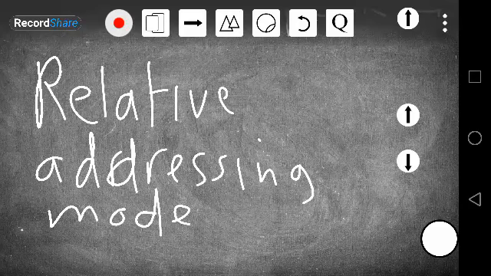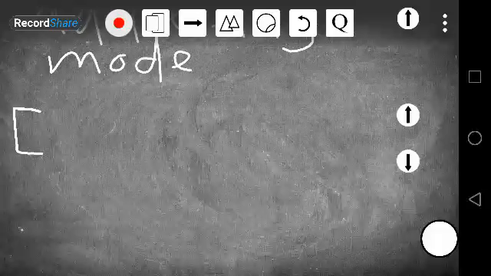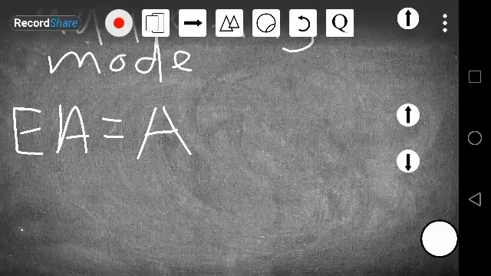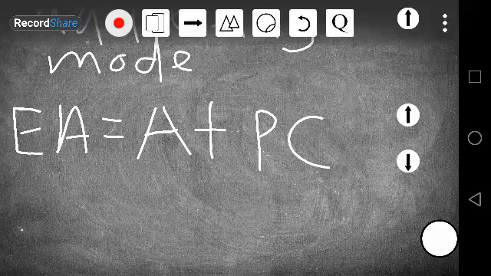This is what happens with this one. So the effective address, the address where the operand is, you get it by adding the address part of the instruction to the contents of the program counter, PC. That's how we get to where the operand is located.